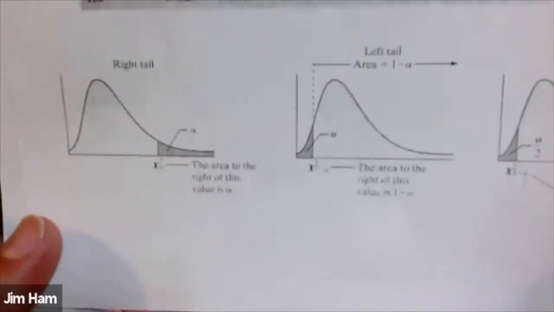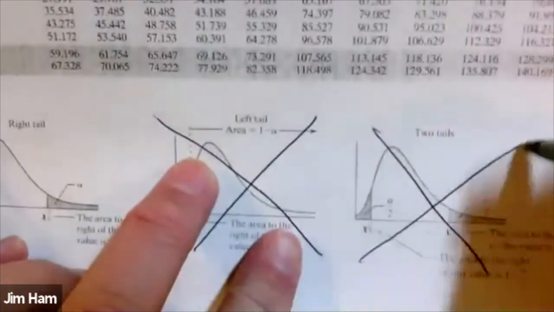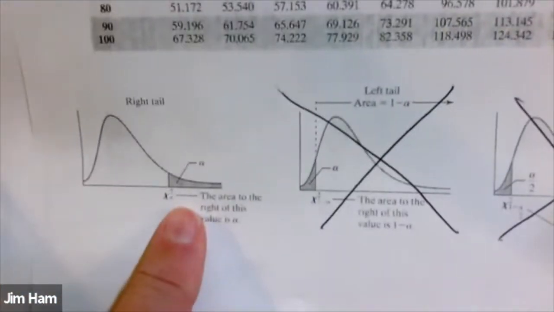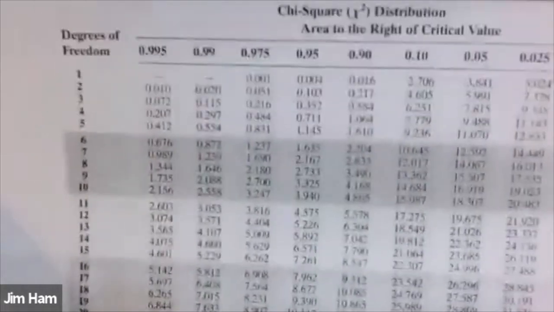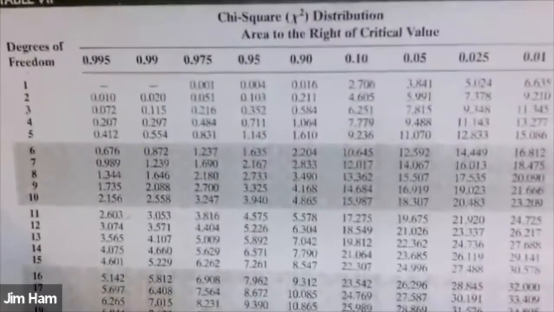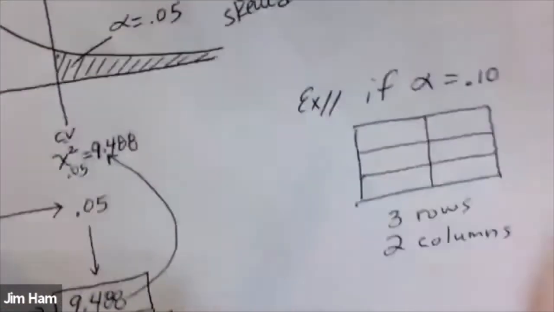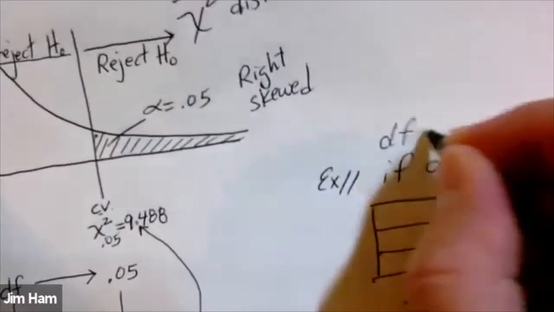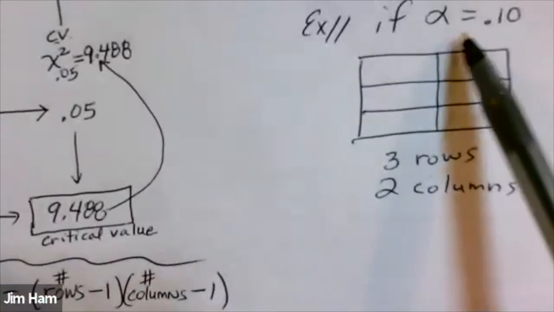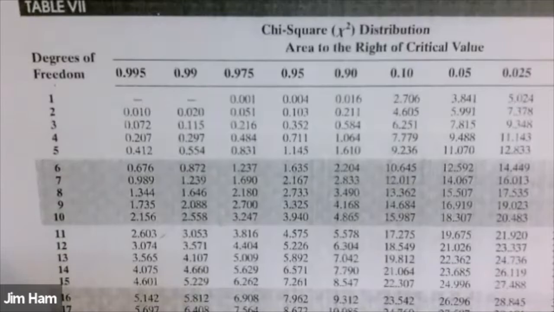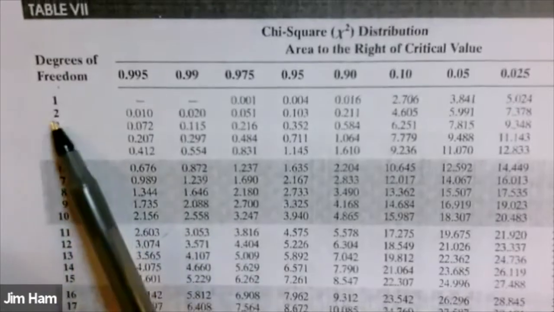By the way, you're going to have 3 pictures down here. We're not going to do this one, and we're not going to do this one. This is the only test that we're going to do, a right-tailed test in this section. All right, let me give you the grid back. There it is. What is the critical value? The degrees of freedom is 2. And if you have alpha equal to 0.10, what's the critical value? See it? Okay, I know many of you see it because I can see the correct answer.